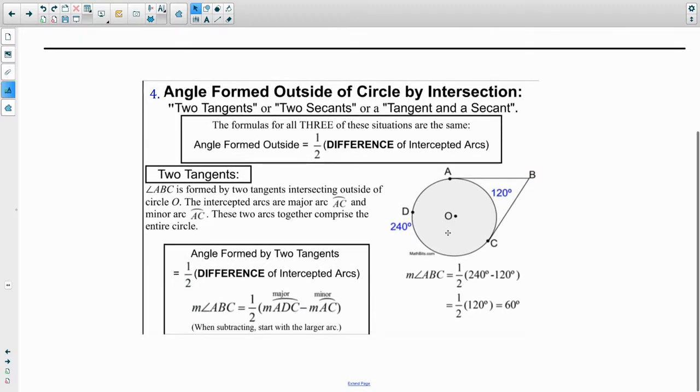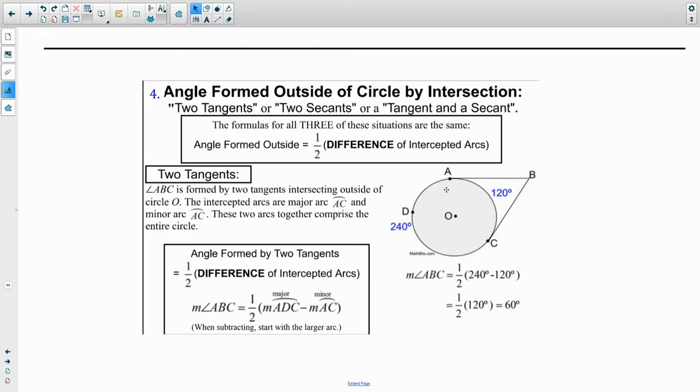Here, we're going to take the two very important arcs and subtract them and then divide it in half. You can see inside the box there, the angle formed outside is equal to 1/2, not the sum, but the difference of the intercepted arcs. So let's see what that means here.